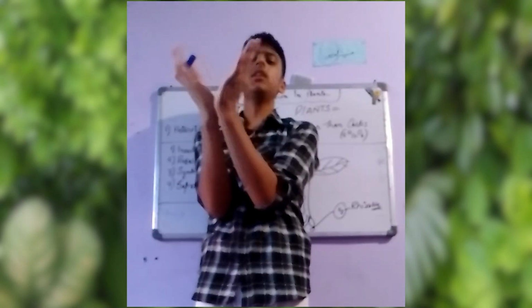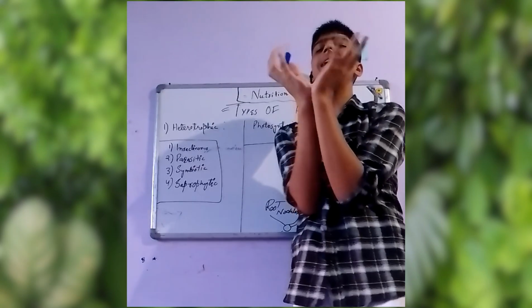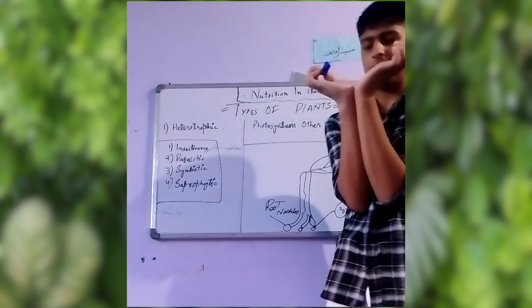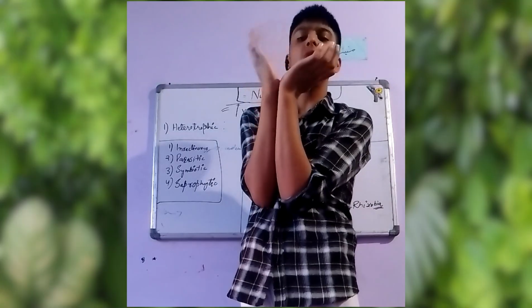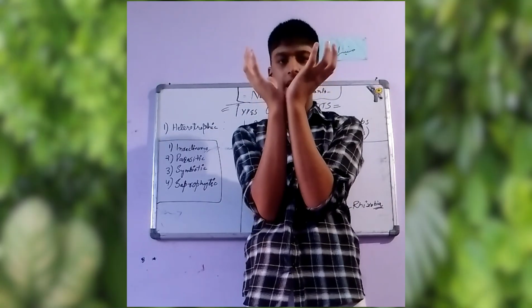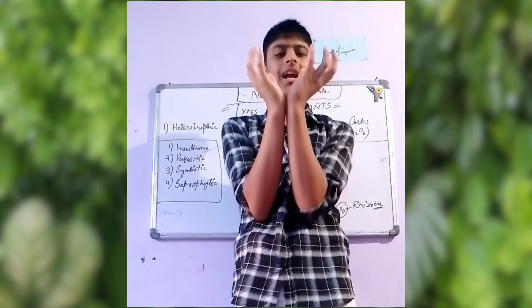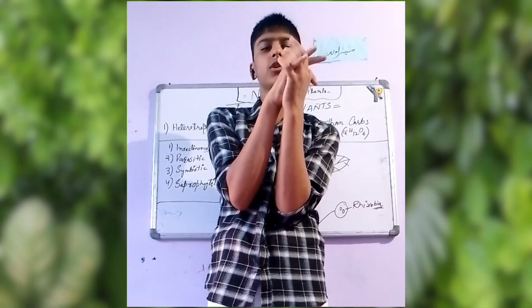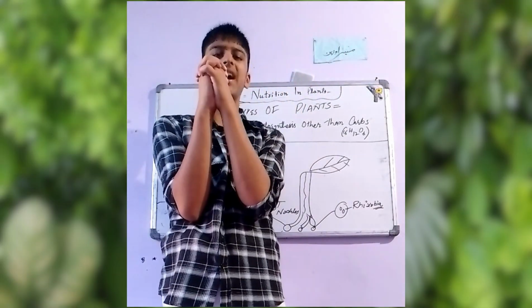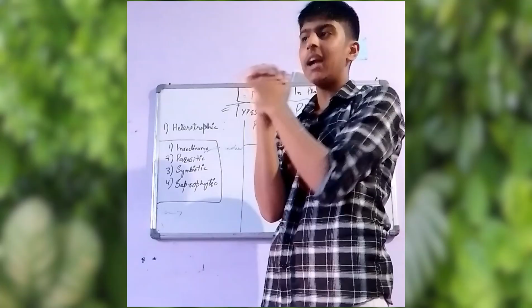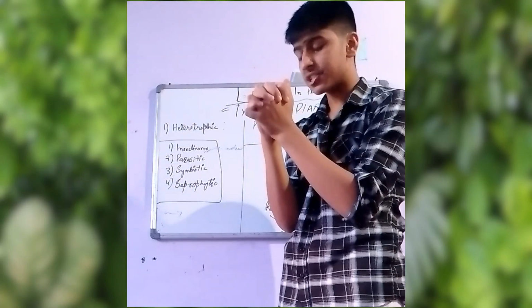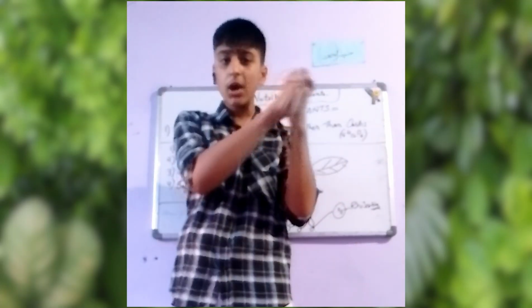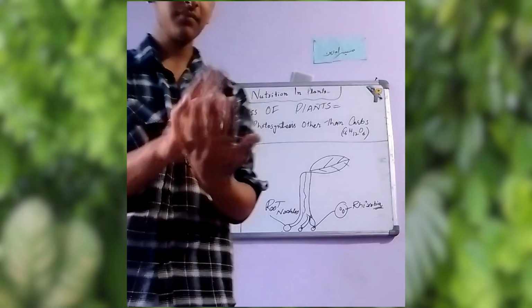The leaves are shaped like this, and the leaves are opened. When an insect sits on it, due to its very good smell, they get attracted towards it. It suddenly closes its spines and traps the insect, and then releases digestive juices and digests the insect. In this way, they obtain their nutrition.